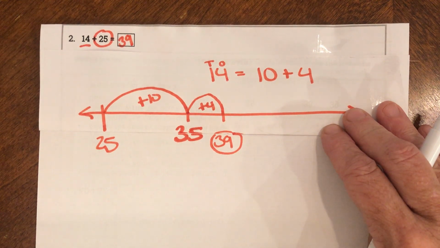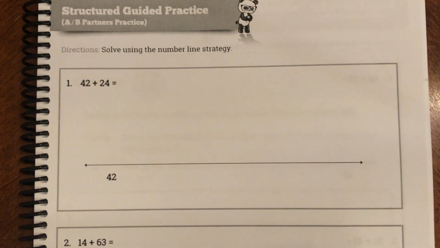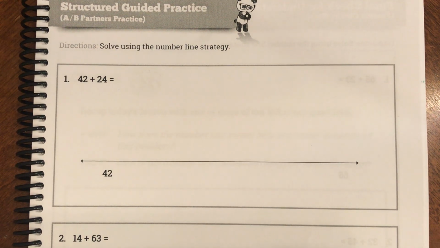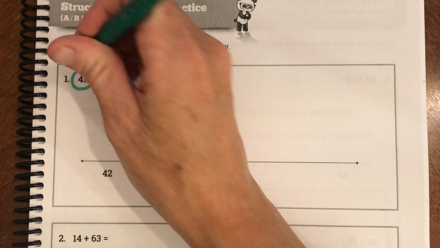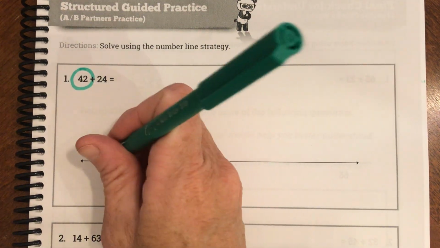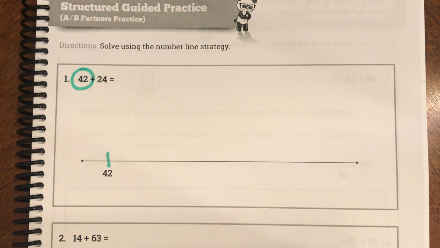Okay, let's try some of these together, boys and girls. We're on page 174. And here's our first one. Our first step says that they want us to write the larger addend, which would be 42, at the bottom of our number line. And they already did that for us.